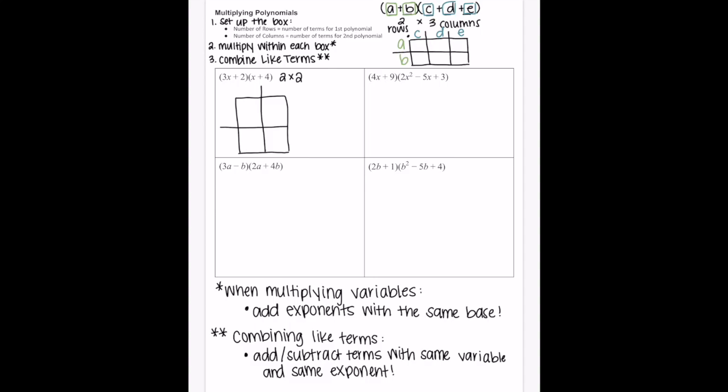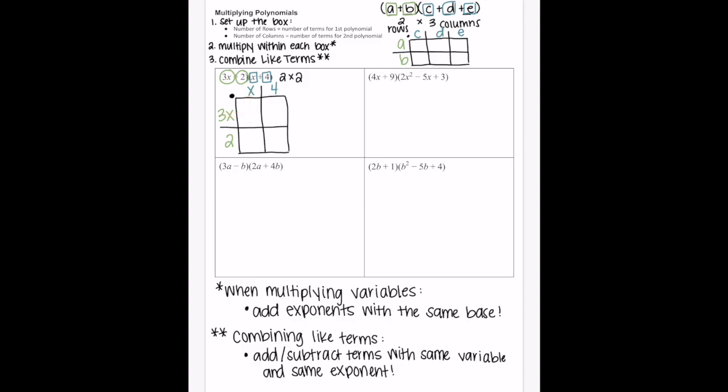Okay, now we're going to take the first 2 terms and they go on the rows. Then we take the terms from the second polynomial and they go in the columns. And what we're going to do is we're going to multiply 3x times x.